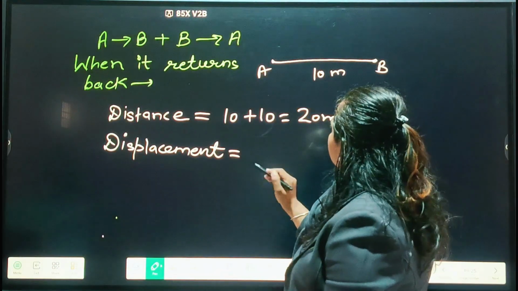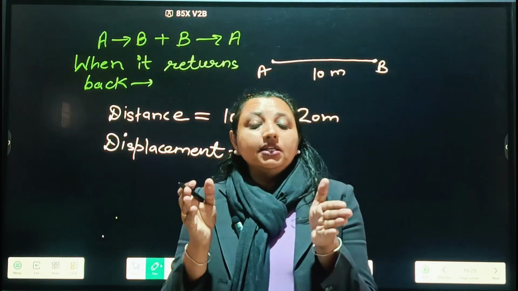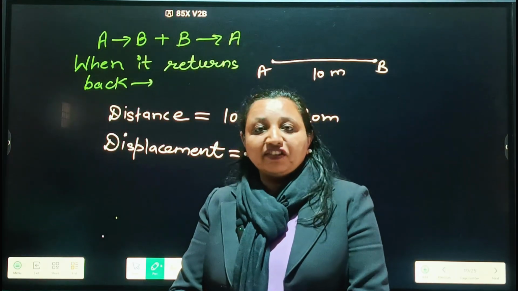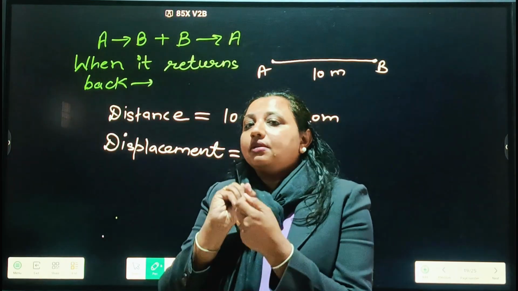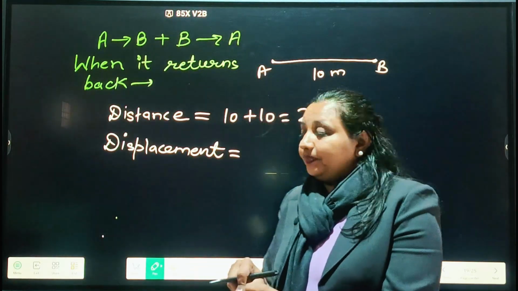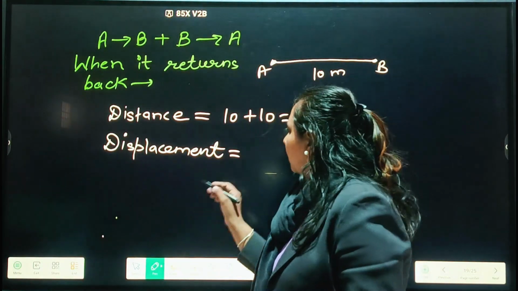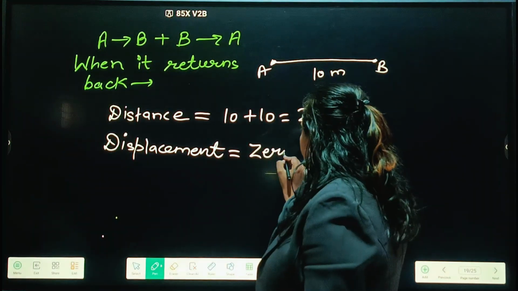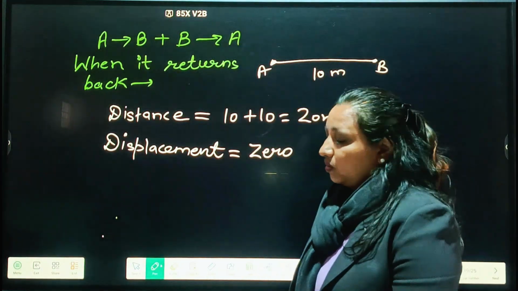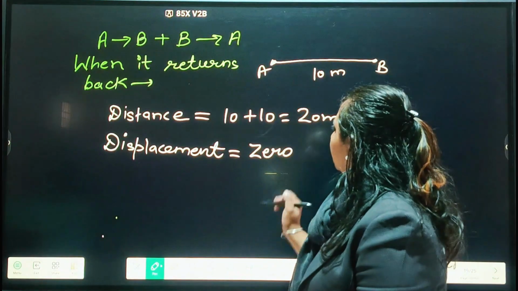But what about displacement? Displacement is the difference between the initial and the final position. But when the object returned to the same point, it came back, so this is its initial point and this is its final point. So in this case the displacement is 0. So when will the displacement be 0?